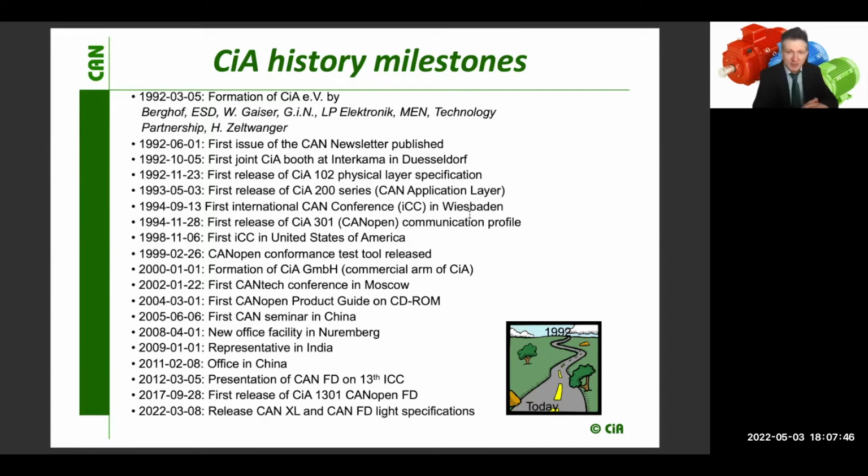Over the course of the years, we promoted the image of CAN on various CAN conferences. We designed specifications to support CAN-based development for data link layer, physical layer, and also for application layer that we called CANopen.